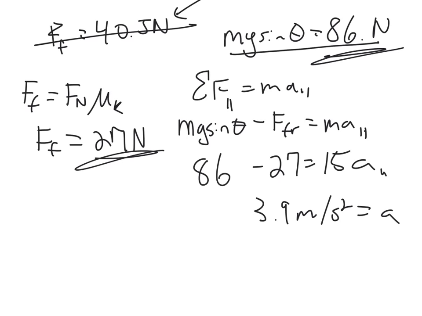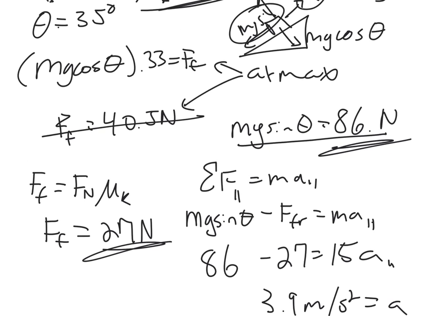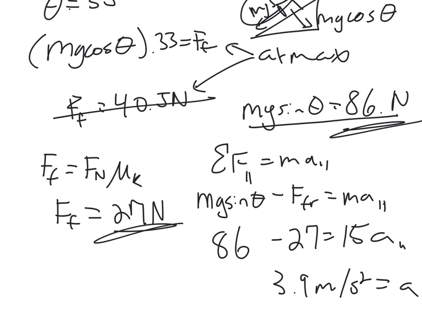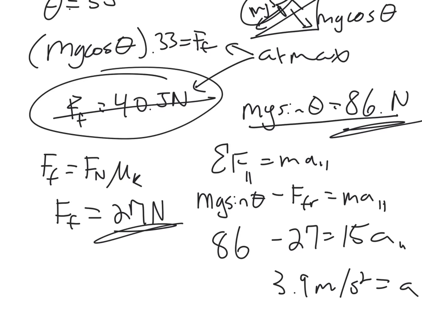And this process occurs again and again with these static friction problems. This is the real difference between the static friction and the kinetic friction. The first thing we have to do is check for that number. We have to check to see if static friction will come into play.